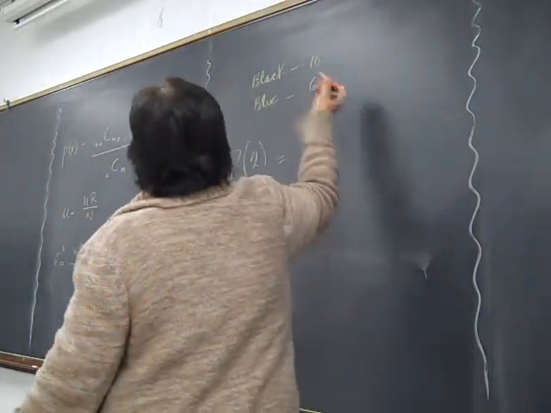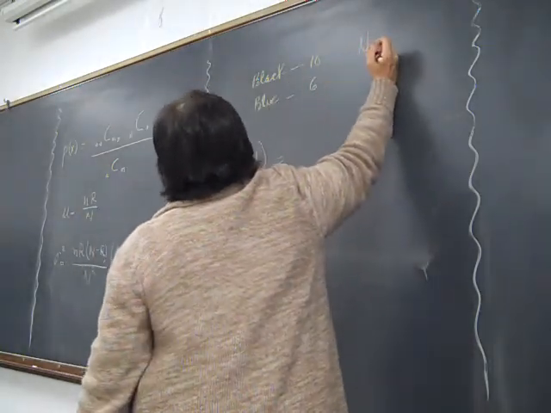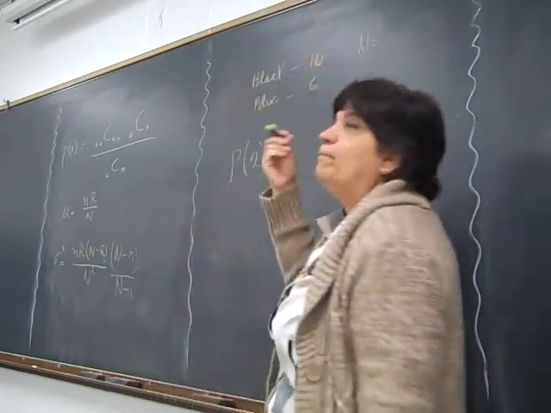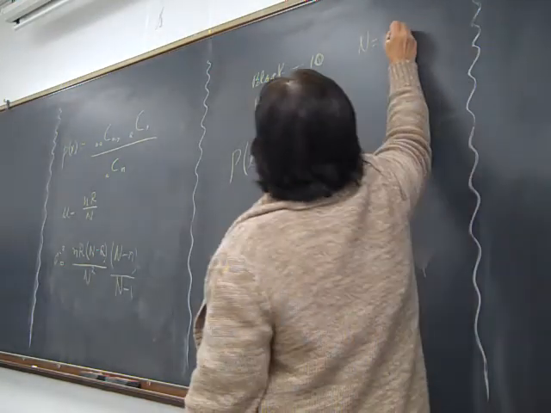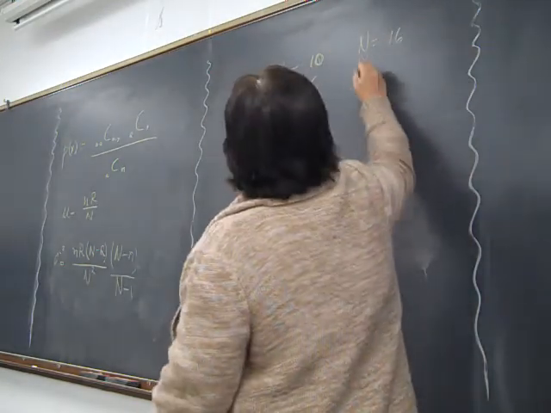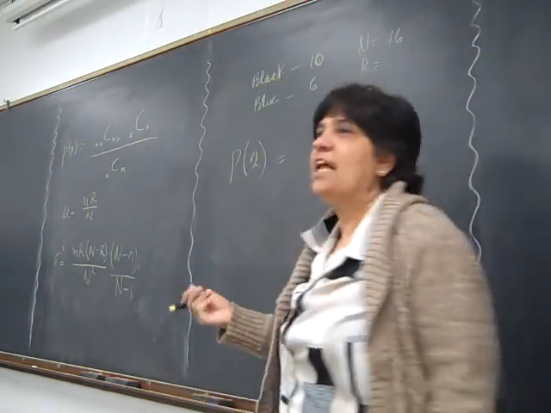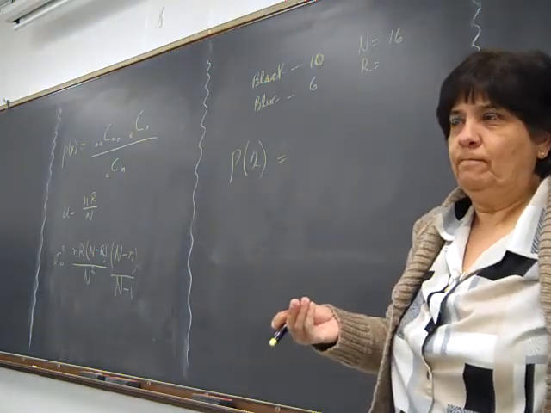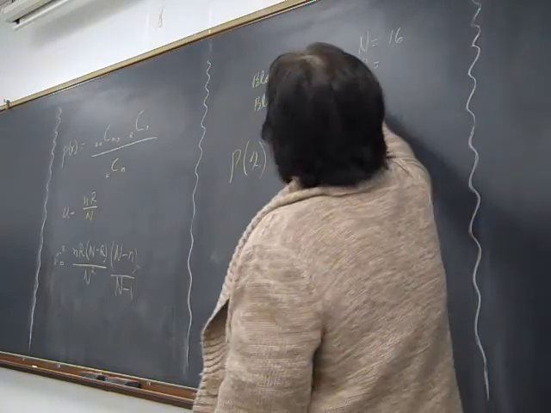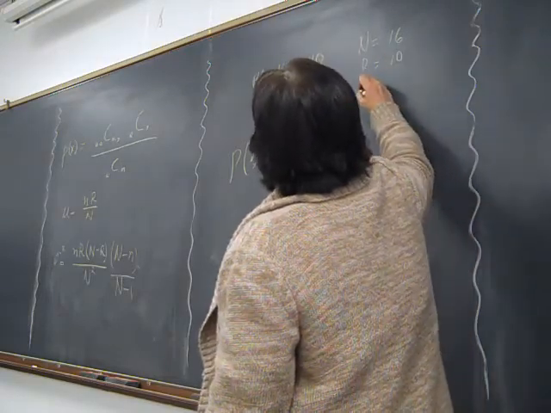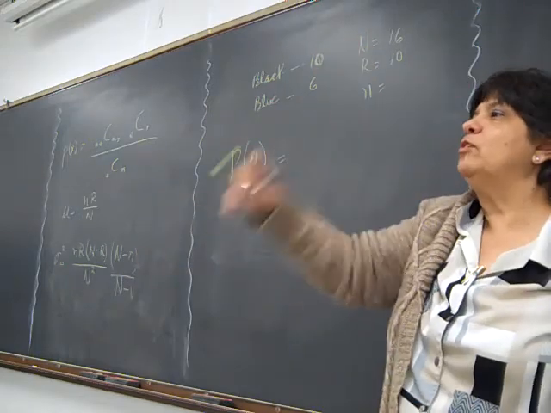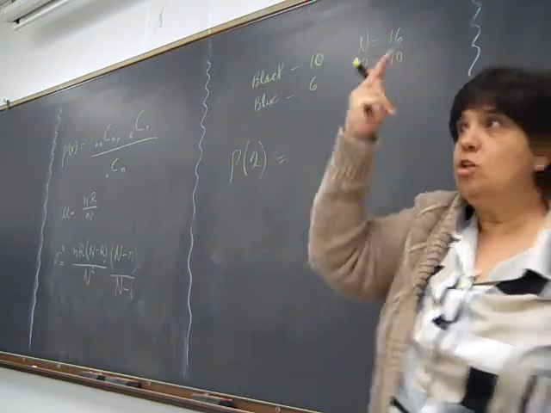So what is the probability that I get 2 black socks? What is capital N? The total population is 16. R is my successes, which in this case is the black socks, so R is 10. Lowercase n is my sample size. How many socks am I going to get? 2.